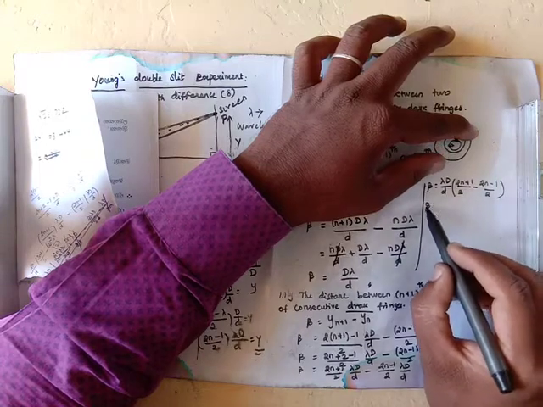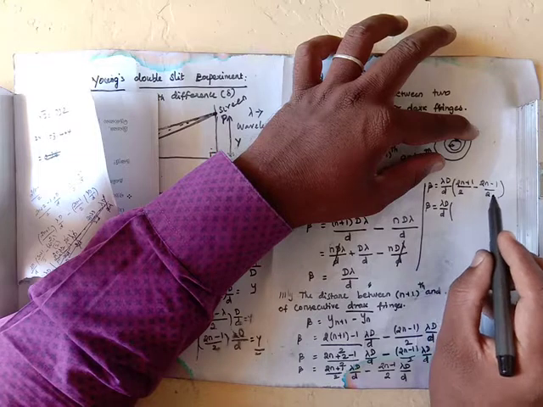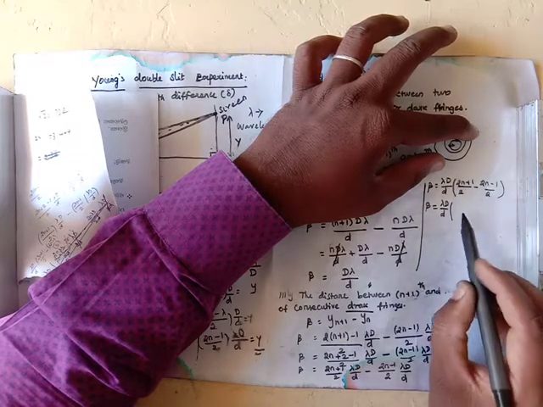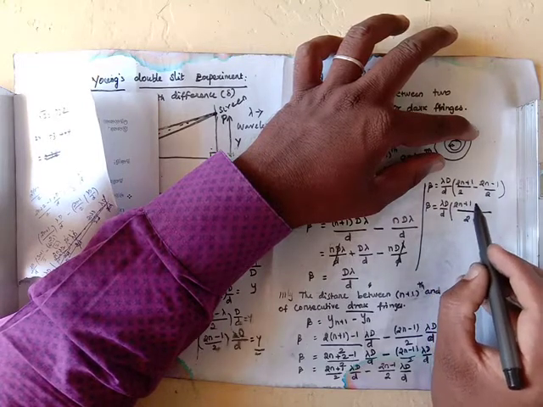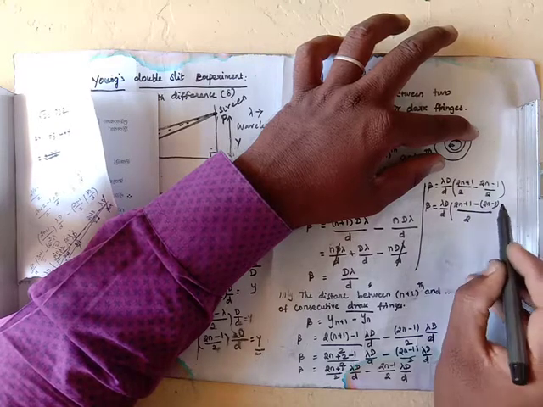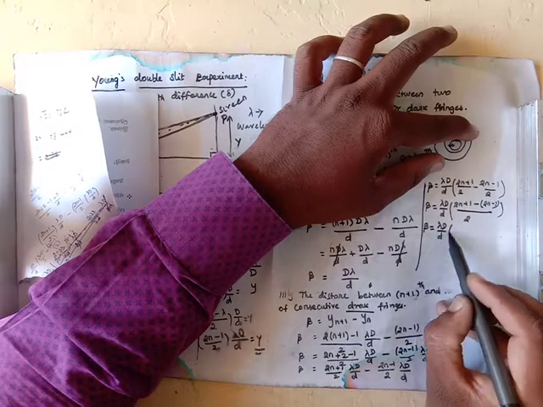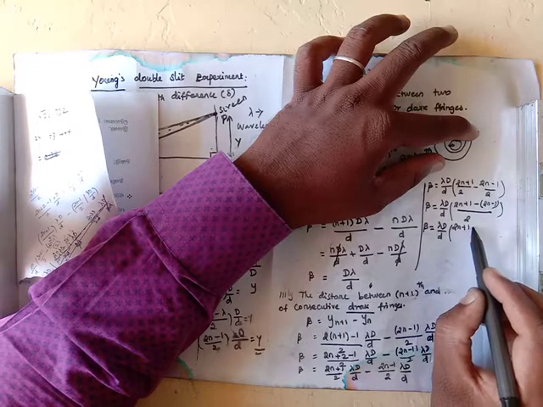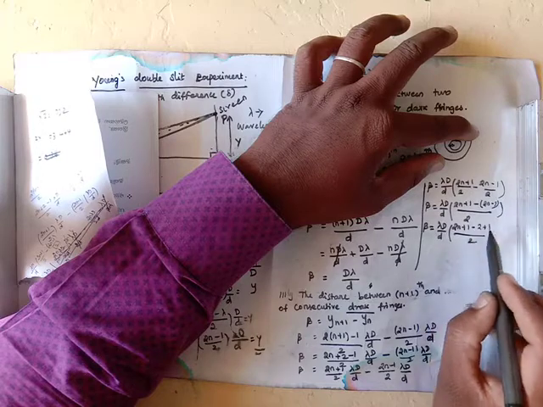Next step, beta is equal to lambda D divided by d times (2n plus 1 minus (2n minus 1)) divided by 2. Opening the bracket, minus 2n plus 1, divided by 2.